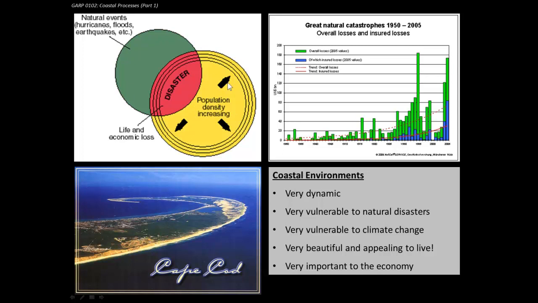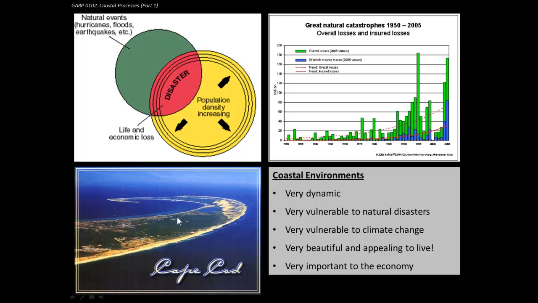But then of course we have population, right? And more and more people live or tend to live closer and closer to the ocean, right? So the potential for natural hazard to become a natural disaster is getting greater and greater and greater. And then also think about how much wealth and how much infrastructure is concentrated in the coastal areas, right?